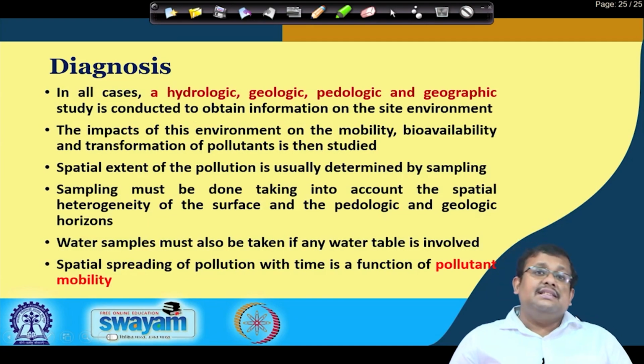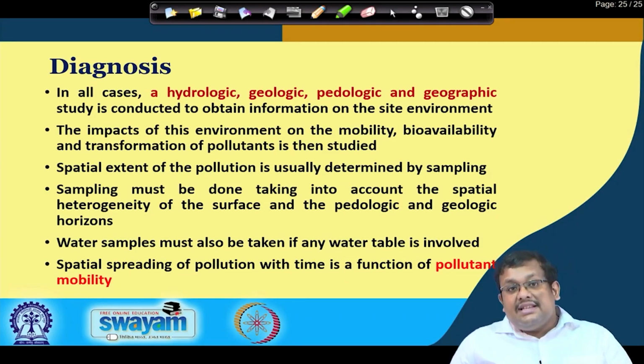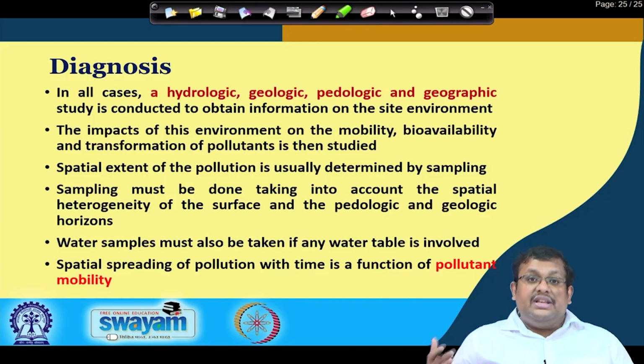Now, in all these cases a hydrologic, geologic and geographic study is conducted to obtain information on the site environment. And remember that sampling is very important. The impact of this environment on the mobility, bioavailability and transformation of the pollutant is studied. Water samples are very important, and must also be taken if the water table is involved.